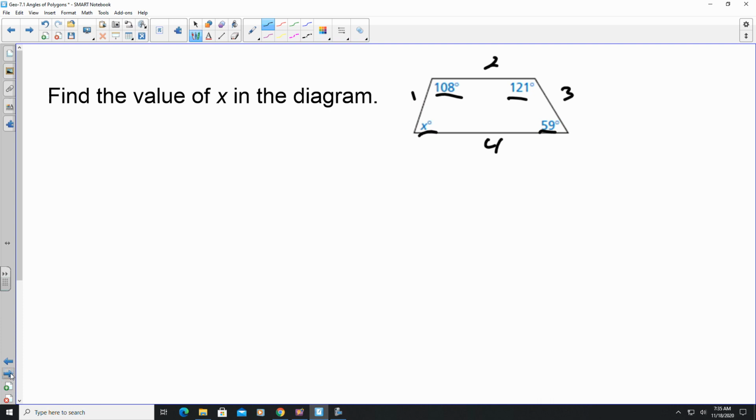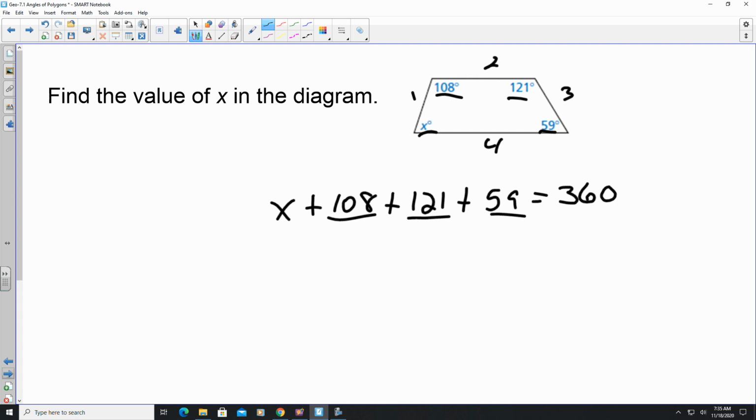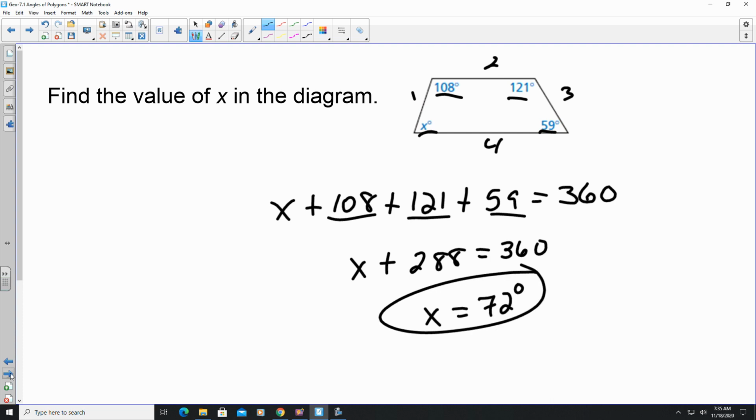So I can say that x plus 108 plus 121 plus 59 will equal 360 degrees. Combining the 3 like terms, I get x plus 288 equals 360. Subtracting 288 from both sides, x equals 72 degrees.